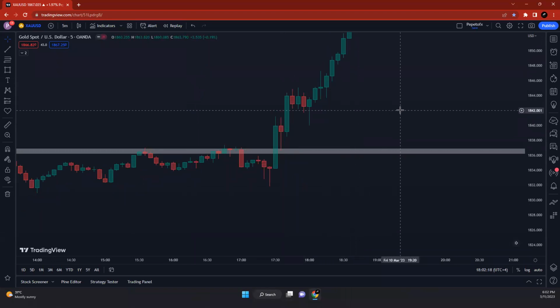Perfect. Okay. Appreciate that. So this breakout for the news, I don't need to enter on buy stop or sell stop. I need to enter on retest. Now, either I have a cowboy entry from down or on breakout from here to go up. Again, breakout happens. Again, we have retest.